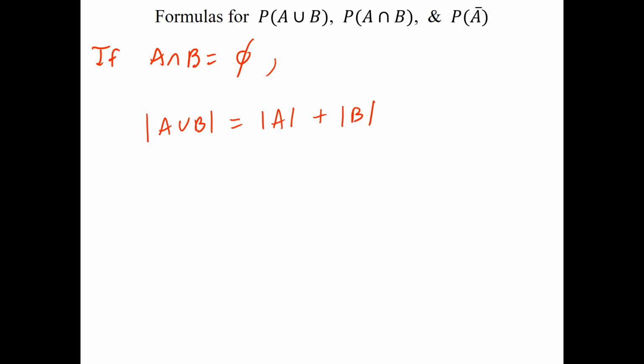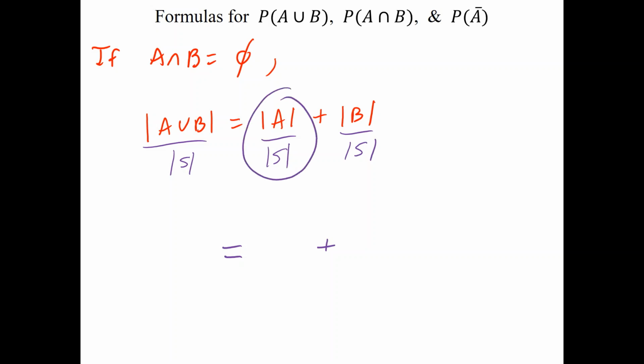And now I'm going to divide every term by the absolute value of S. I'm trying to derive a formula here, so let me divide by the absolute value of S and see what happens. Now let me write down the equal sign and the plus sign. This term, what is that? We've seen that somewhere before. That was the probability of A. Remember when we talked about absolute values?